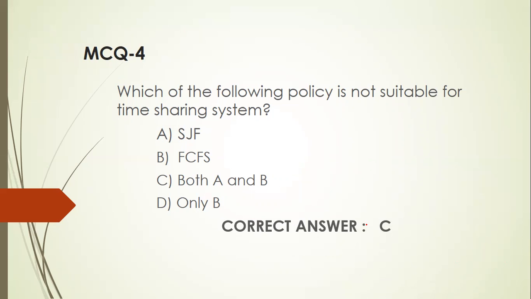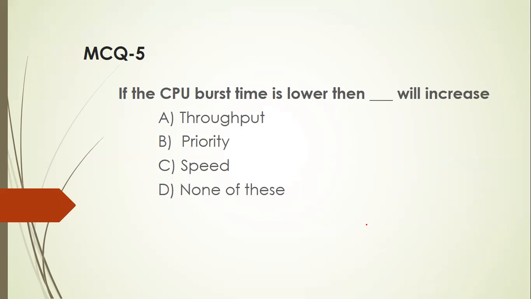Non-preemptive algorithms are not suitable for time sharing system. And the last question is, if the CPU burst time is lower, then dash will increase: throughput, priority, speed, none of these. The correct answer is throughput. Only in the case of SJF, if the CPU burst time is lower, then the priority is more, but not always. Generally, lower CPU burst time means throughput will increase in all the algorithms.